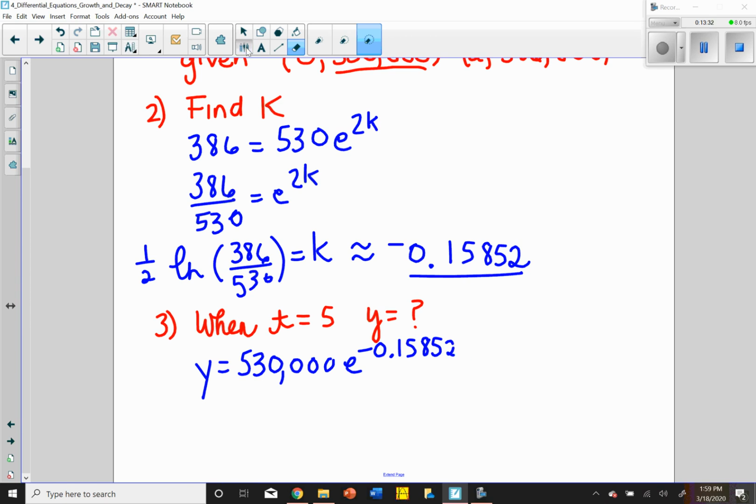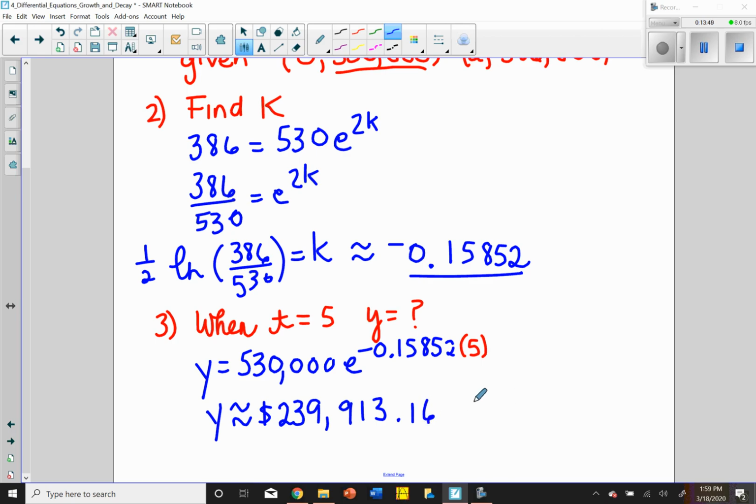Then using our calculator, we know that it's roughly $239,913.16. This is the expected revenue for 2013. And lots of businesses were experiencing those kind of downturns in the economy during that 2008 period to 2013.